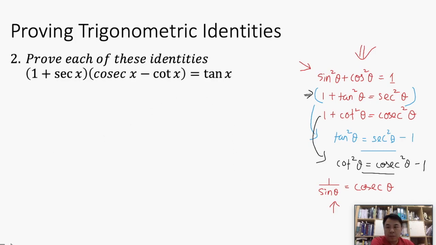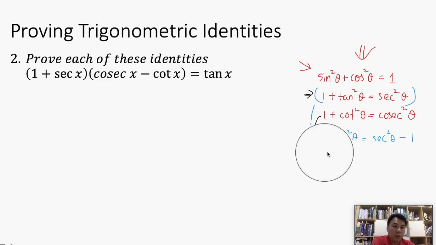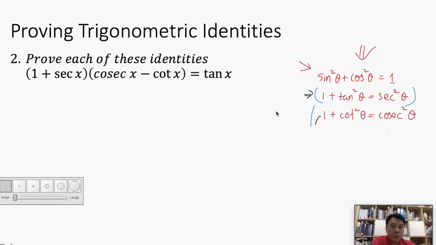All right, next one. We also need to prove these identities. I'm going to make use of all the identities that I have, and some of the reciprocal functions. Before that, let me clean this up so it's easier for us to see.